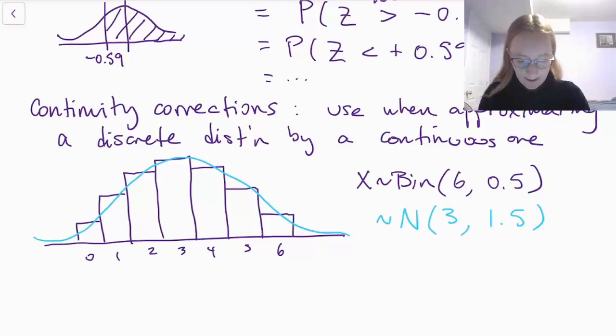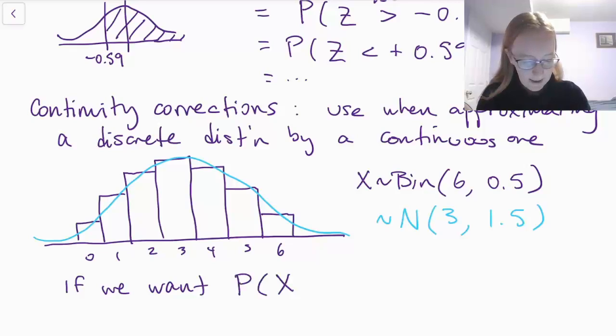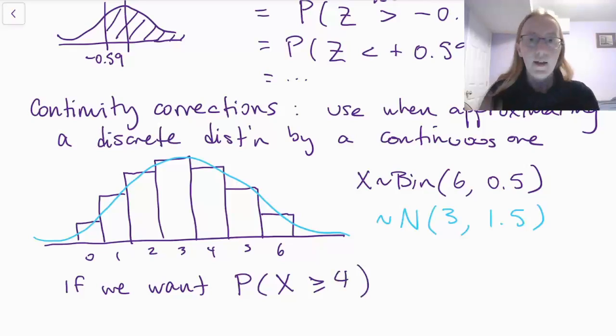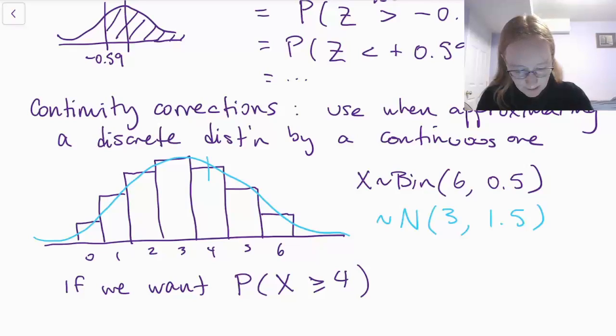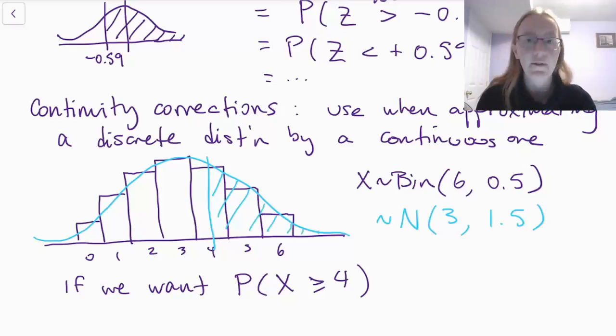So if we wanted, say, the probability that x is greater than or equal to 4, if we just took the probability that a normal with variance 1.5 was greater than or equal to 4, that would basically be taking the area underneath this curve from here.